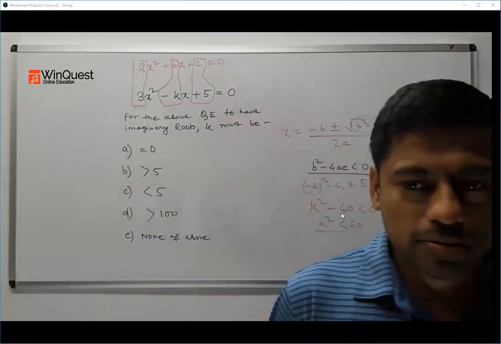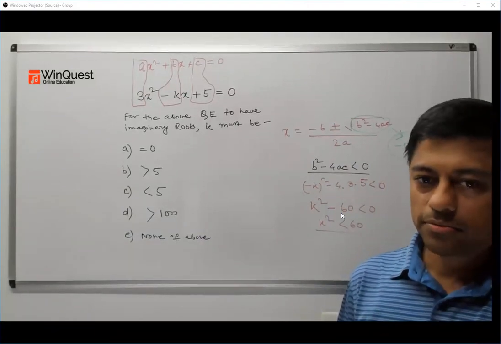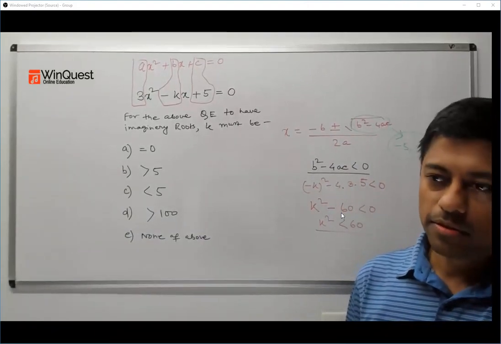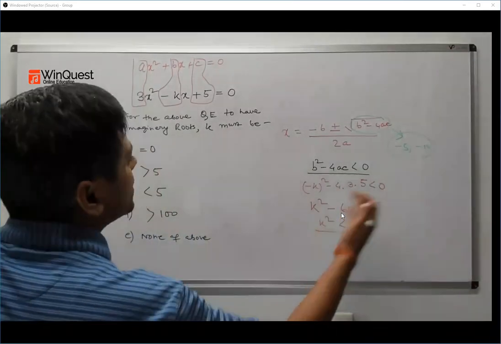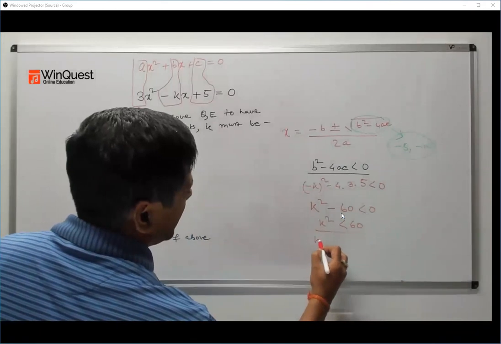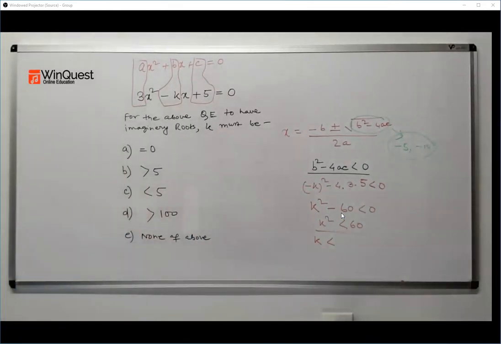K square is less than 60. If k square is less than 60, k is less than what? Around some value.